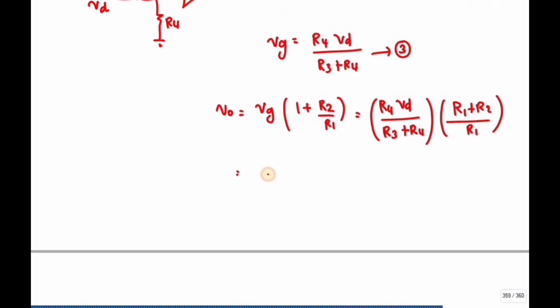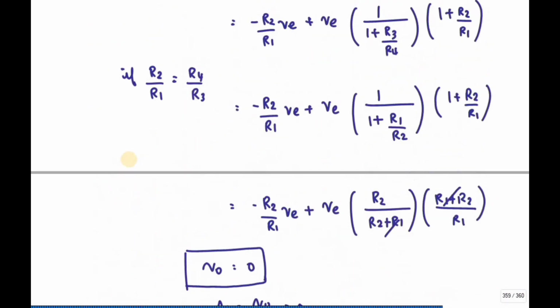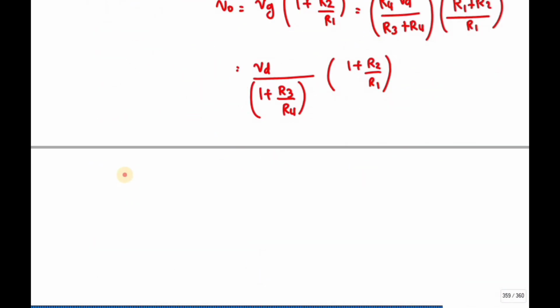I can write this as VD divided by 1 plus R3 divided by R4 into 1 plus R2 divided by R1. We know the condition R2 divided by R1 is equal to R4 divided by R3, so R3 divided by R4 is nothing but R1 by R2.